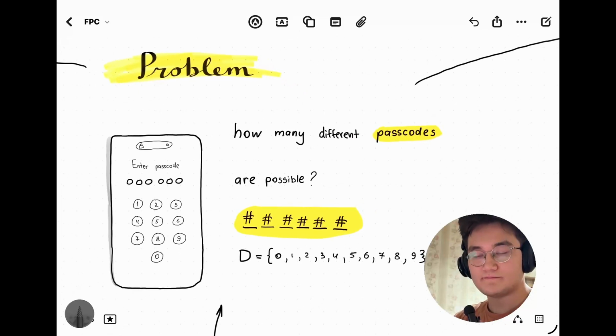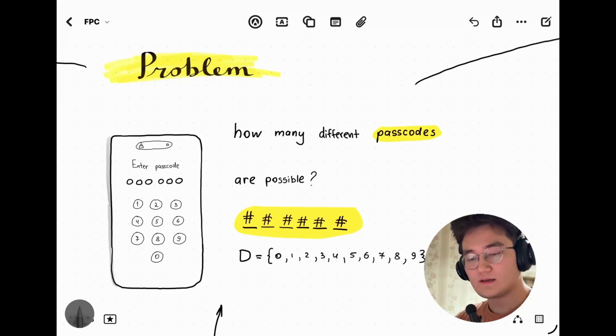Imagine you're designing a mobile phone and now you're dealing with its security. One of the things you probably will think about is the number of possible passcodes. So suppose the passcode has 6 slots.